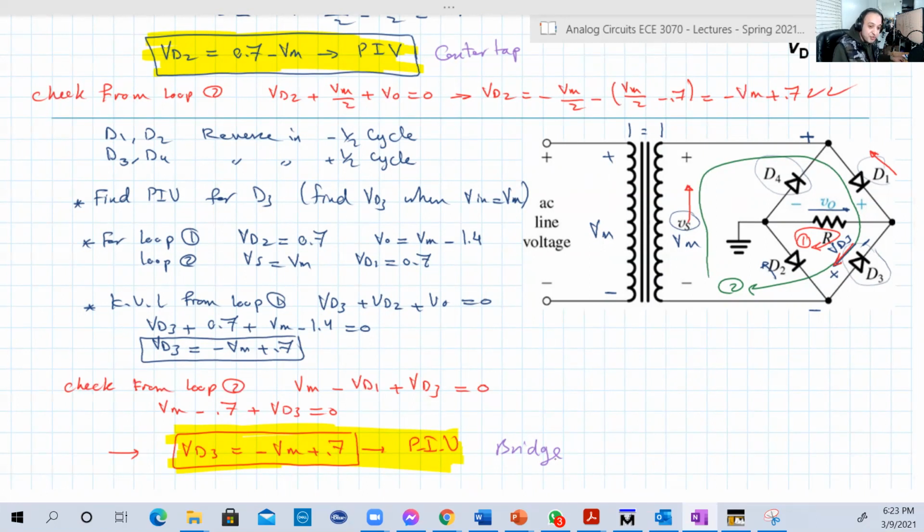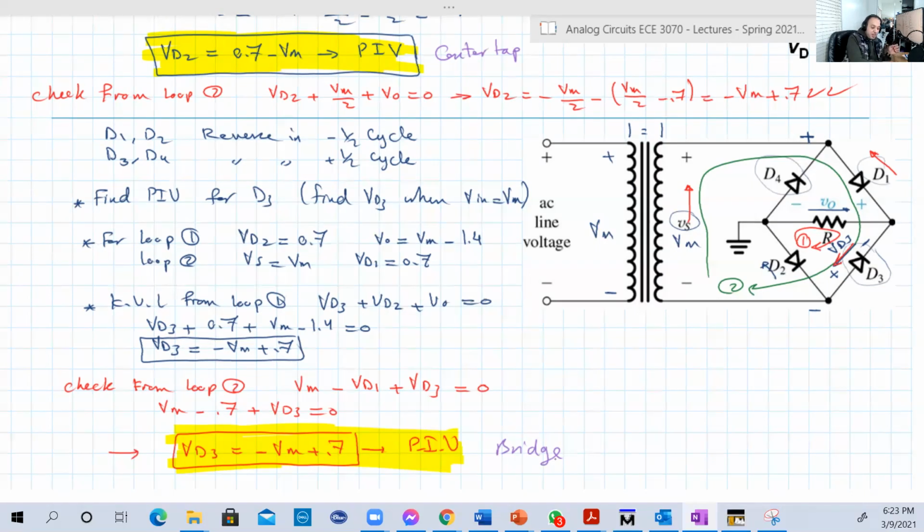First of all, you will have a bigger transformer because it's 1:2, not 1:1, so you have more turns, which means increasing the coil size. And if you redo your analysis, you will find that the peak inverse voltage will be 0.7 minus 2 Vmax. So you will need a more expensive diode.